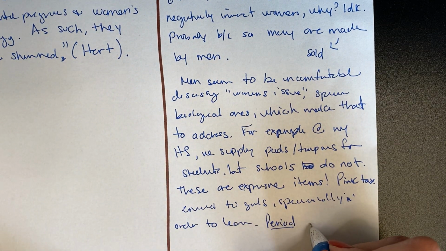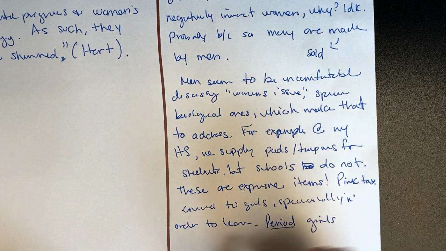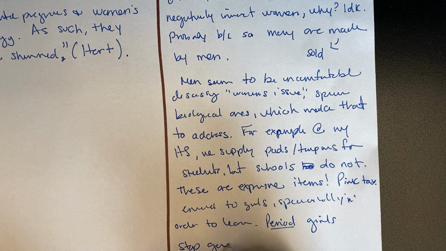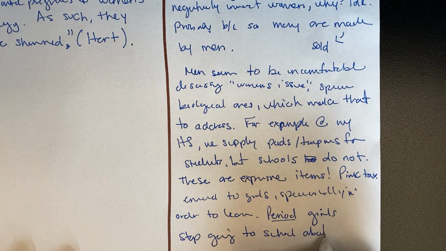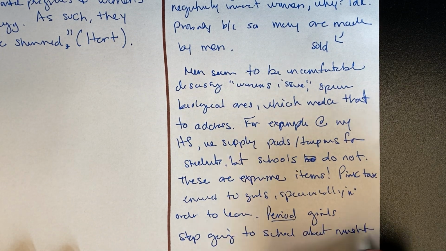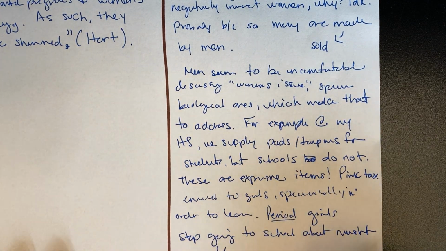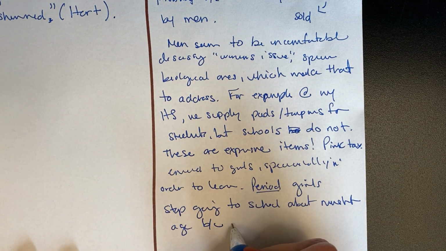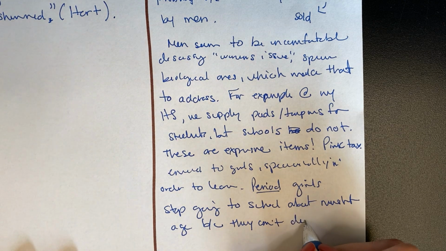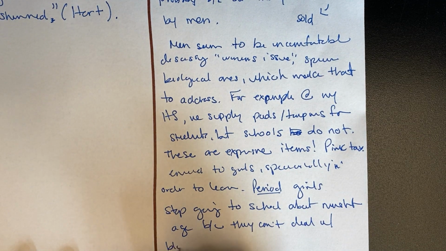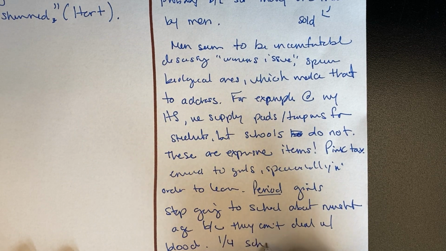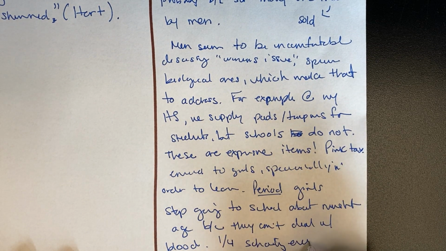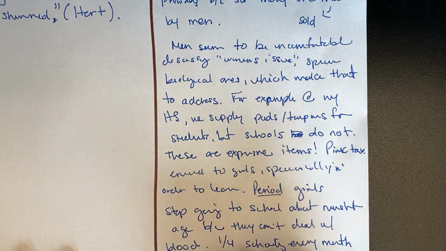And one of the things it talks about is that girls stop going to school about menstruation age because they can't take care of the blood problem. It's a huge issue because they're losing a quarter of schooling every month, and they tend to just drop out after that.